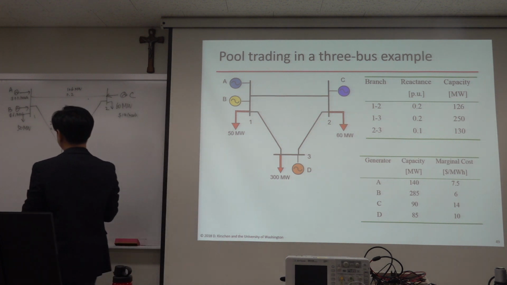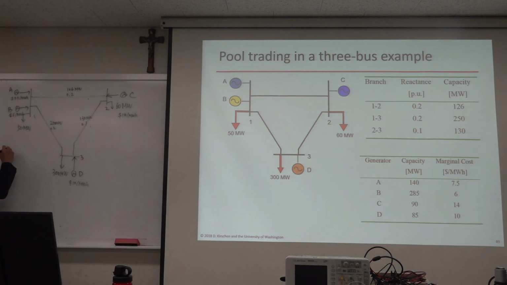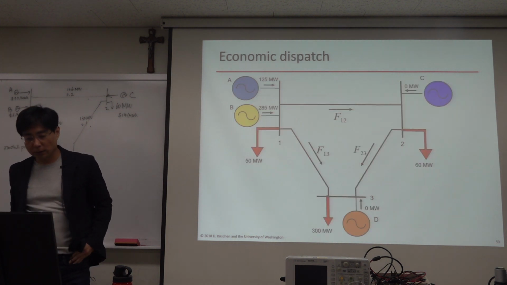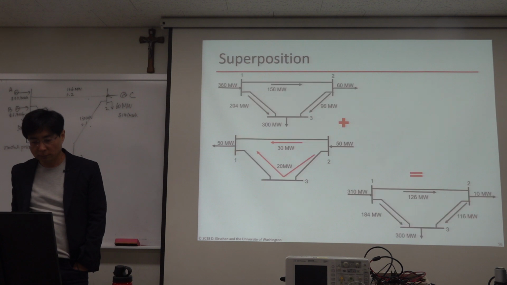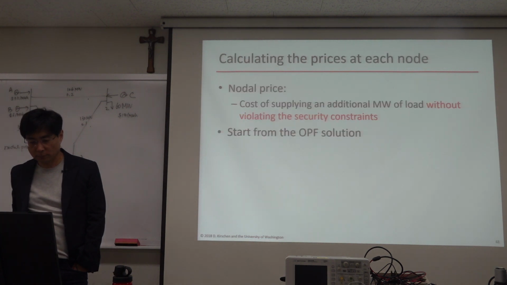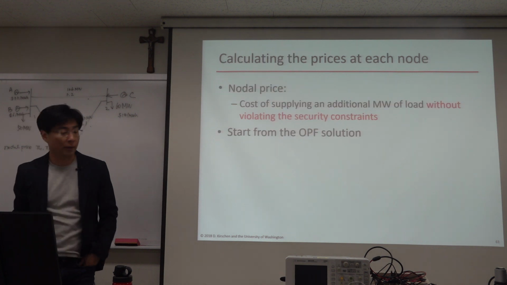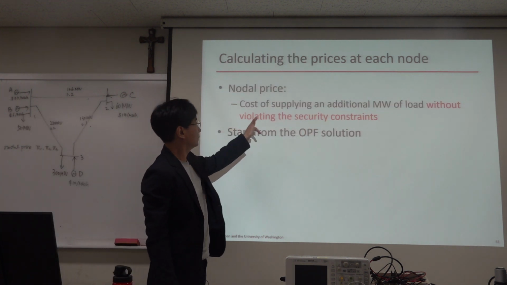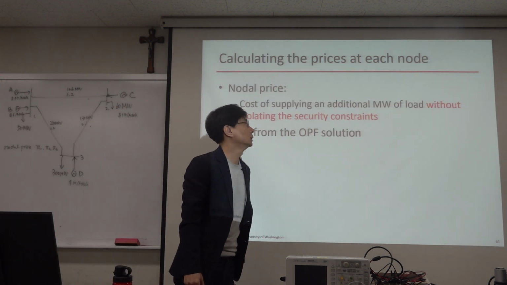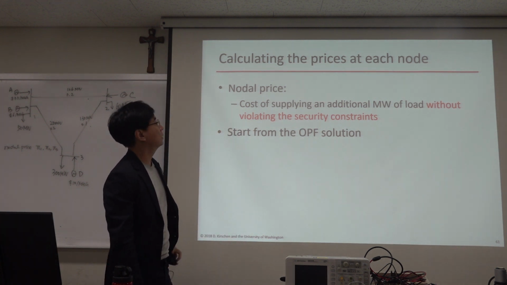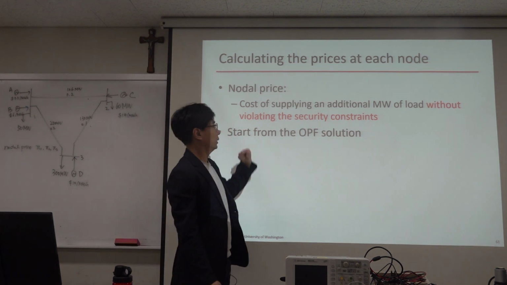The nodal price is denoted by pi 1, pi 2, pi 3. The meaning of nodal price is the cost of supplying an additional megawatt hour of load without violating the security constraints.